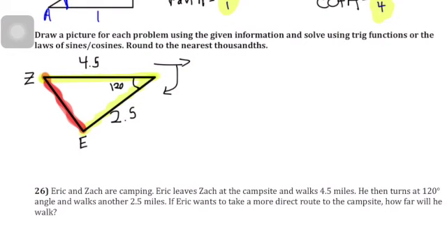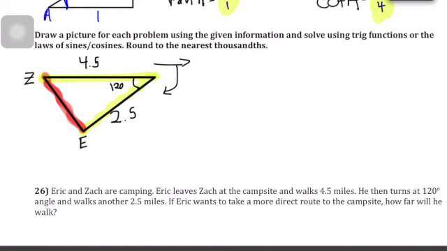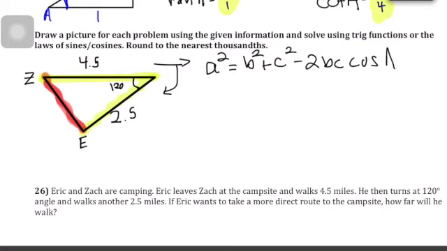So law of cosines says that whatever side I'm trying to solve for is going to be equal to the other two sides squared. Whoops, C, not B again. So C squared minus 2 times those two sides times the cosine of whatever that angle is opposite to the side you're trying to solve for. So in this case, I'm trying to solve for side A.